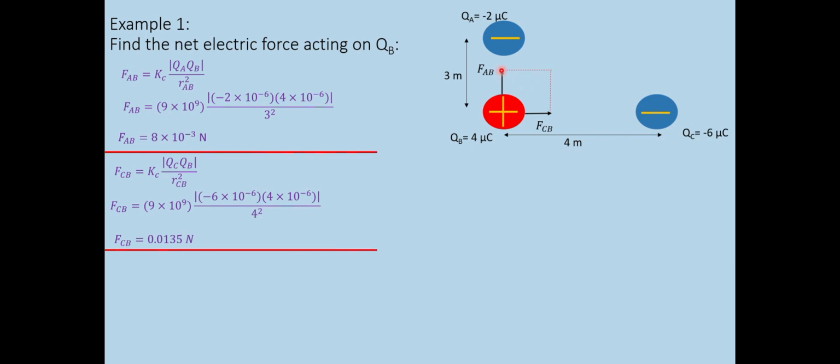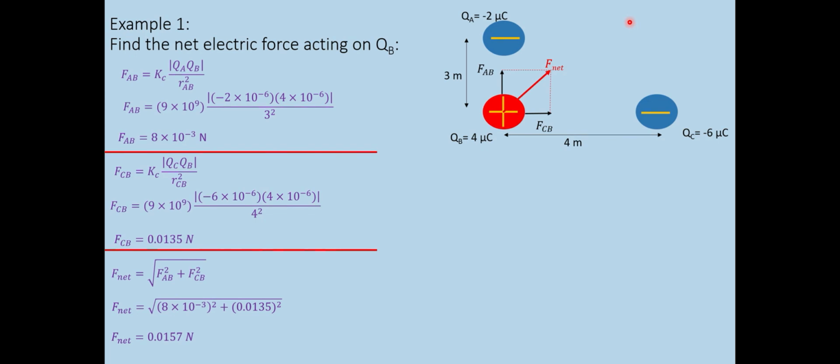So the resultant, which is F net, is found by finding the magnitude of the other diagonal using the Pythagorean theorem. So F net is equal to the square root of FAB squared plus FCB squared. We replace to get the final answer for F net as 0.0157 newtons. We're done finding the magnitude of F net.